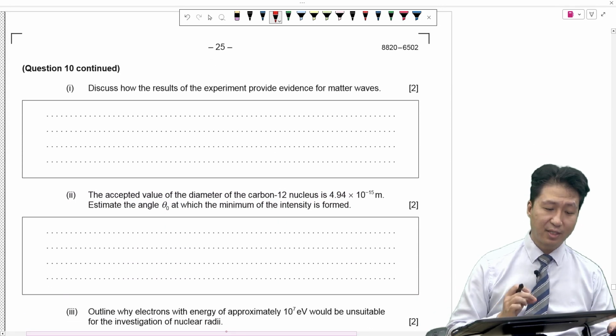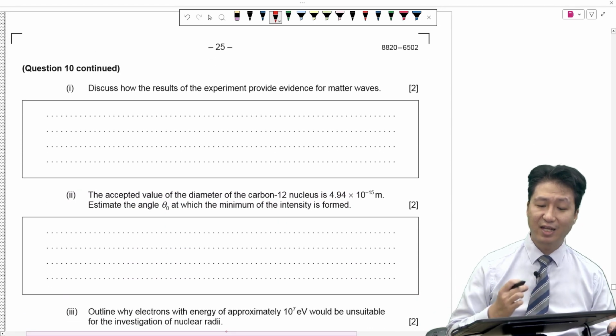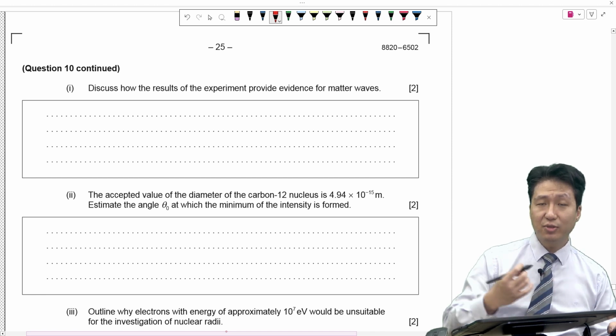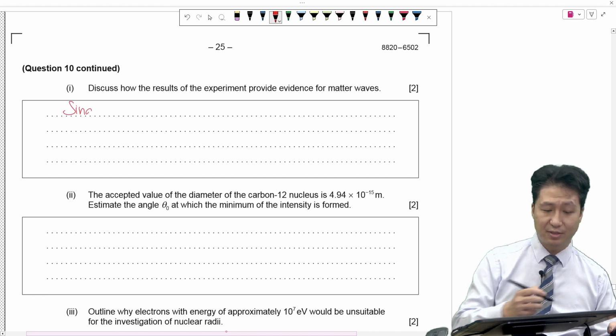Roman numeral 1 says, discuss how the results of the experiment provide evidence for matter waves. First, you're able to see the single slit interference pattern.